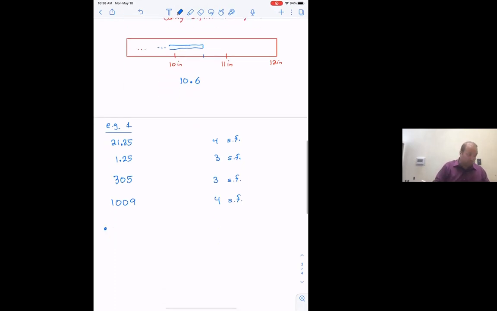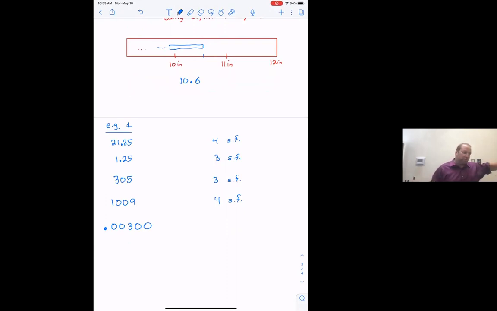So now a little more complicated, 0.00300. So this is the first tough one because, as you'll notice, we have the 3, so we know that's significant, but we don't have zeros sandwiched in between non-zero numbers.